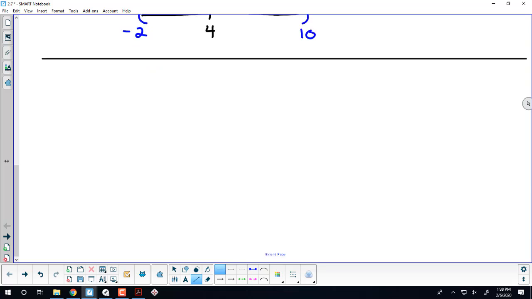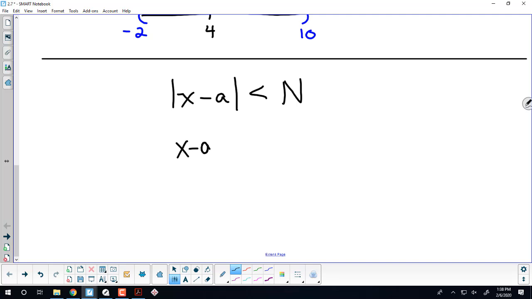So this is a more general statement, and we'll look at mathematically how we get rid of this. So we have the absolute value of x minus a is less than something. We'll just call it n, or some number. Is the same thing as saying that x minus a is less than the number.